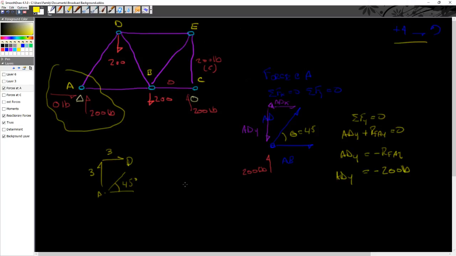So now if we think about the formula for the sine function, we can take ADY and solve for AD. There are a couple of different ways we could do this.